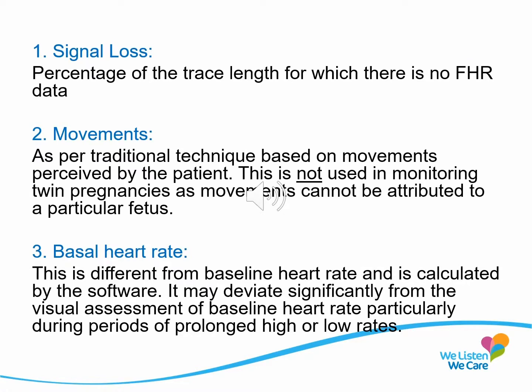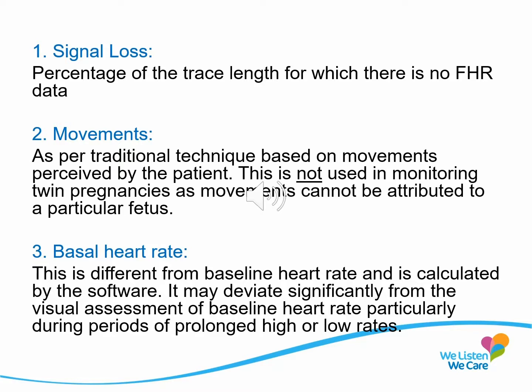The dataset derived by computerized analysis includes the following parameters. Signal loss: the percentage of trace length for which there is no fetal heart rate data is recorded as percentage of signal loss. This ensures that there is good quality signal in the CTG that is being interpreted. Secondly, movements.